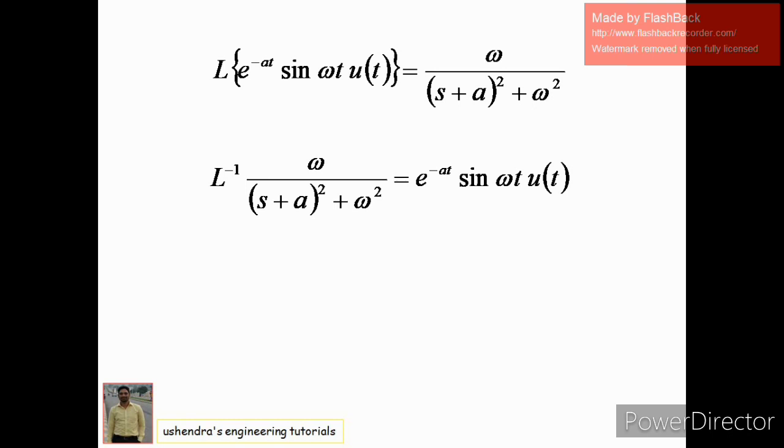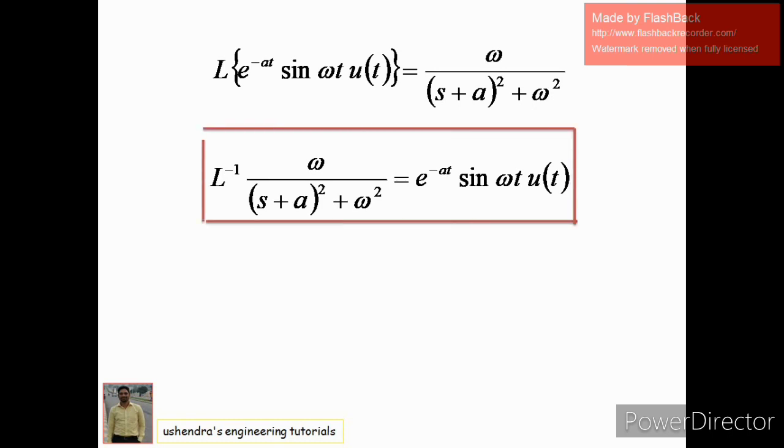It's an important Laplace transform conversion with a lot of applications, and you come across this in many topics. This has to be remembered, it's an important Laplace transform pair.